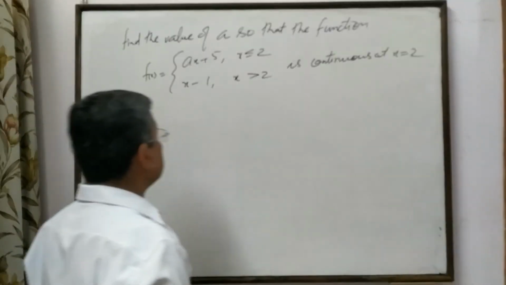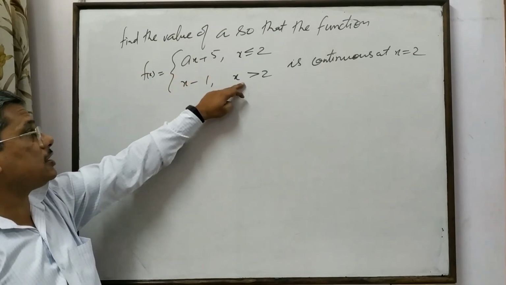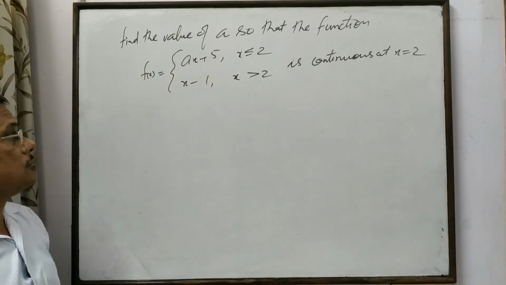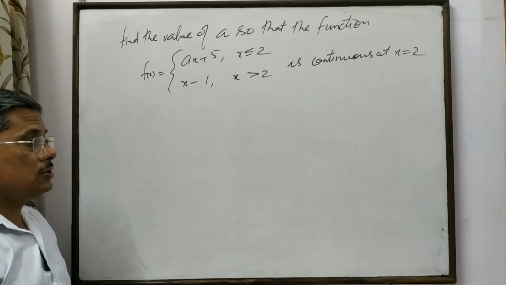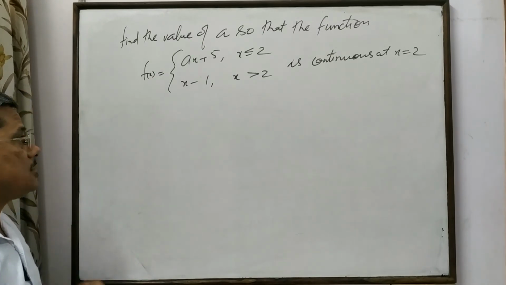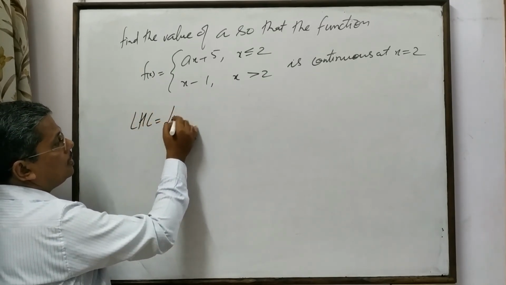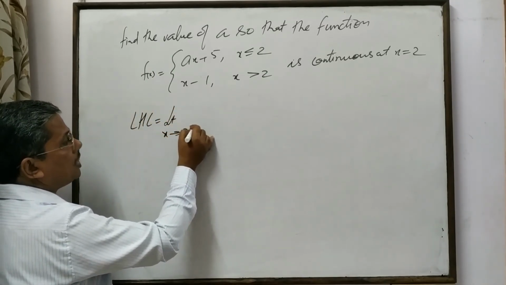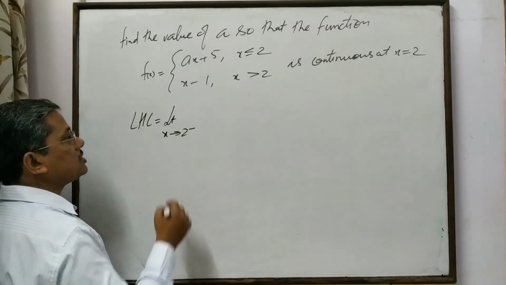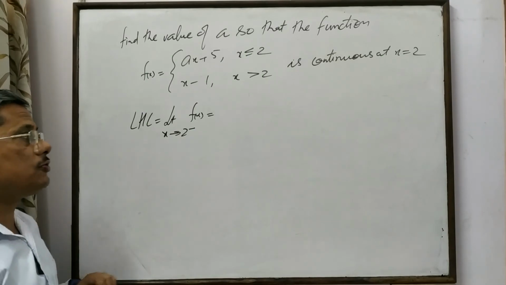Now just look at the function. For x less than 2 we have a different function, and for x greater than 2 we have a different function. So that kind of function we calculate left hand limit and right hand limit separately. So left hand limit x tend to 2 minus f of x. 2 minus something means we have subtracted something from 2.